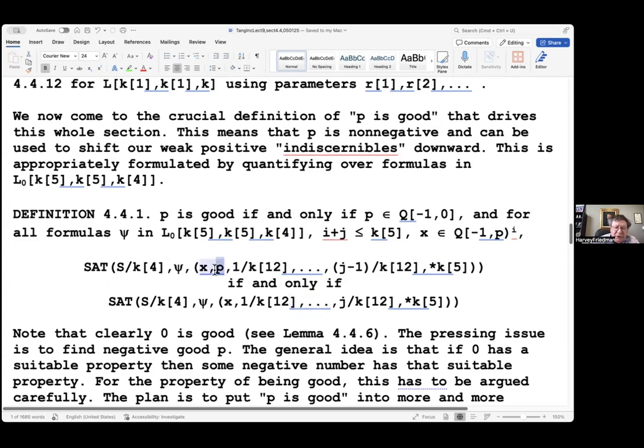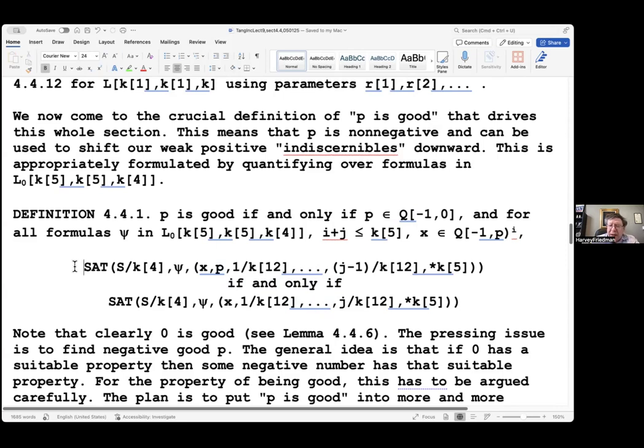I set it up so you're pushing up instead of pulling back. It might have been better to say it the other way, but we all know that if and only if is symmetric. So you could think of 1 over K12 being pushed to P, and the other one coming down.